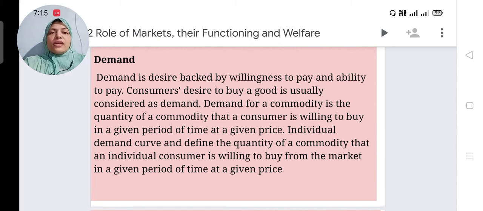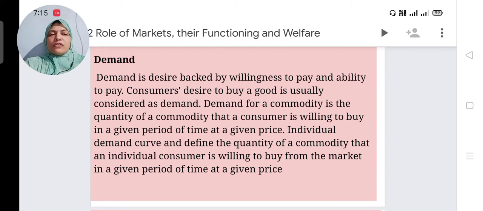Demand for a commodity is the quantity of a commodity that a consumer is willing to buy in a given period of time at a given price. It means how much quantity we are purchasing, that the consumer is ready to buy in a given period of time at a fixed price.